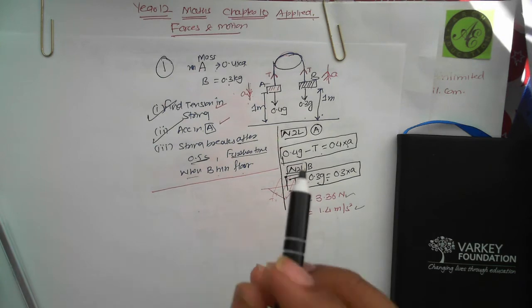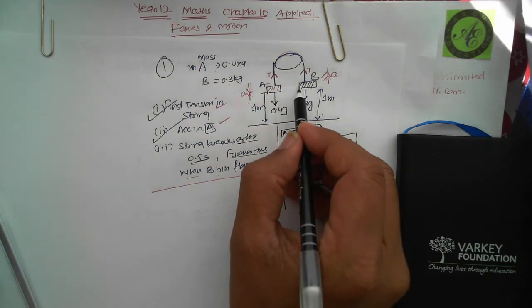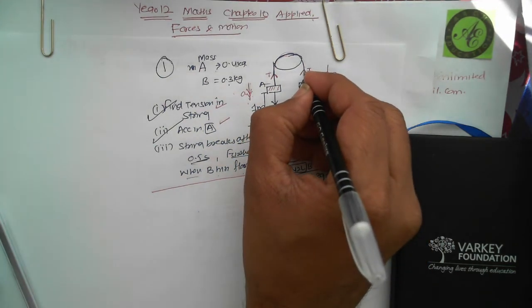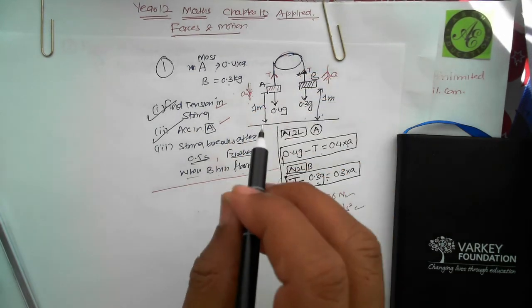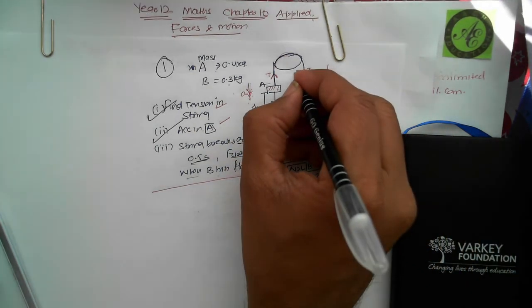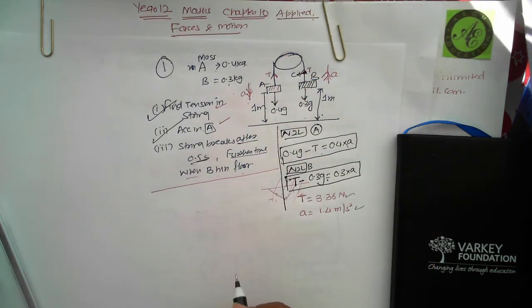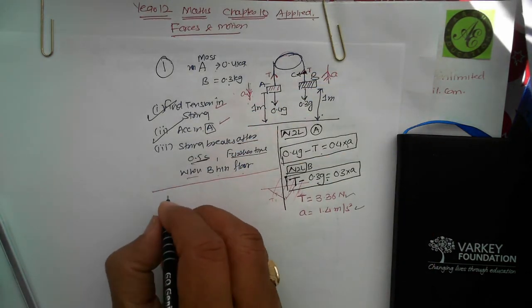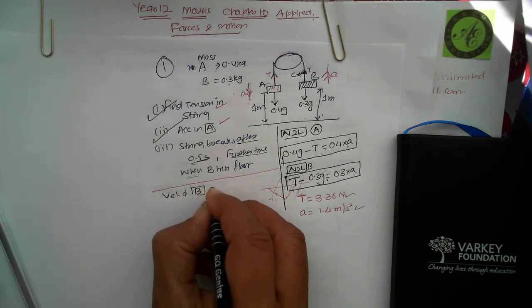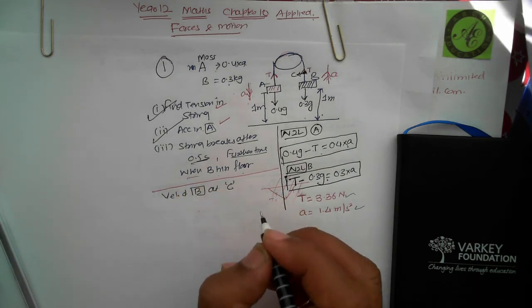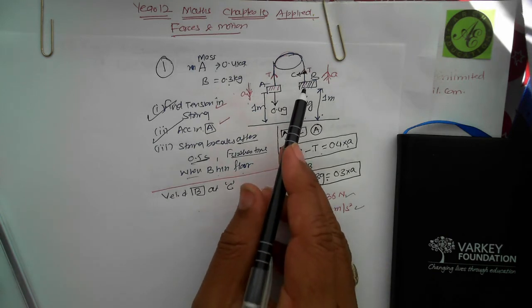After moving from this position, let's say B is here after 0.5 seconds. Let's call this position C, just for argument's sake. Can we find the velocity of particle B at C? It's moving with constant acceleration.